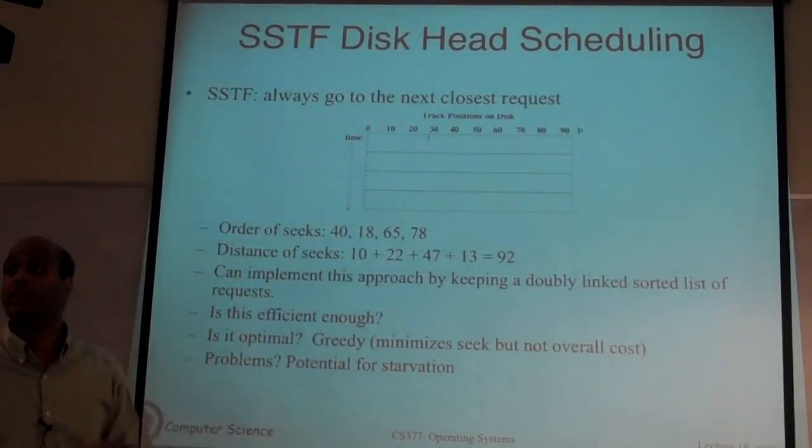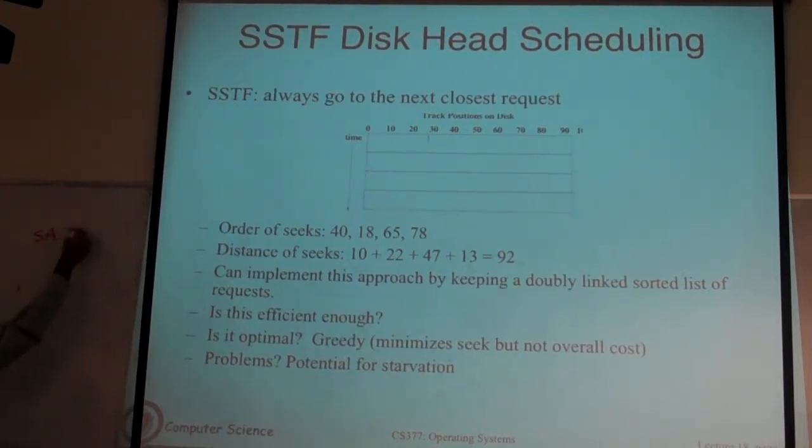There's a variant of SSTF which I have not put in the slide, but let me mention, called SATF, shortest access time first. It says I'm going to look for the nearest block, but by near I mean the sum of the seek and the rotational latency.